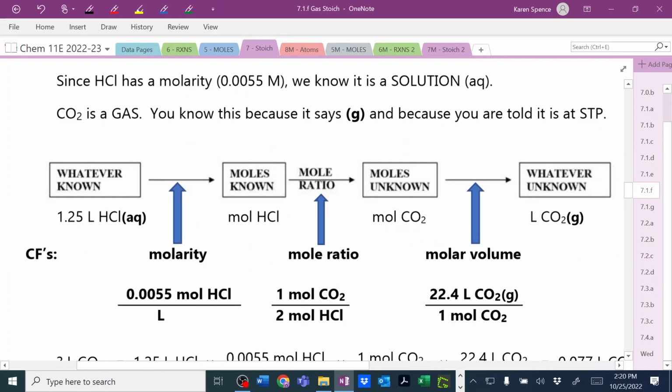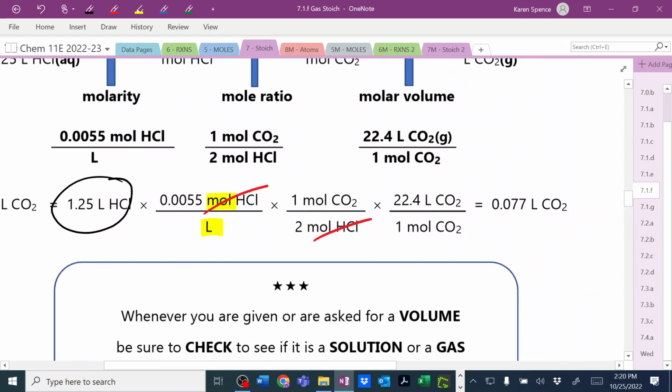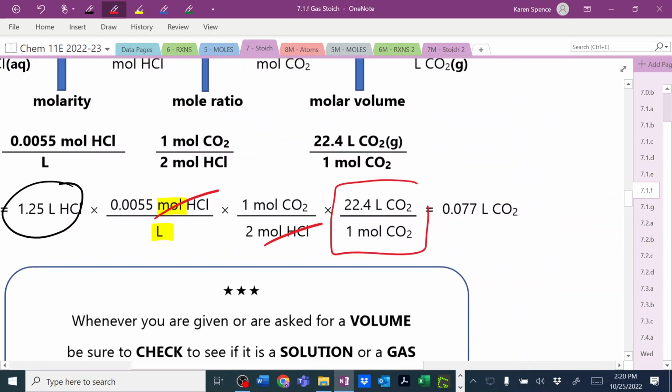So we will take our liters of HCl and use the moles per liter of HCl given in the question. Use your mole ratio to get from HCl to CO2. And then finally, because CO2 is a gas, that's when you use your 22.4 liters.